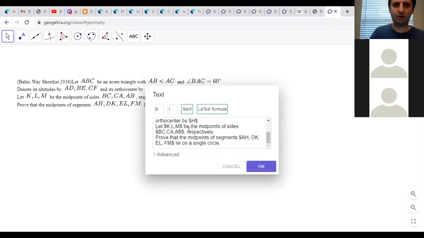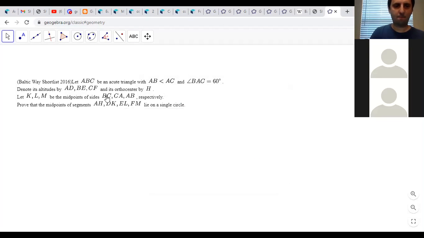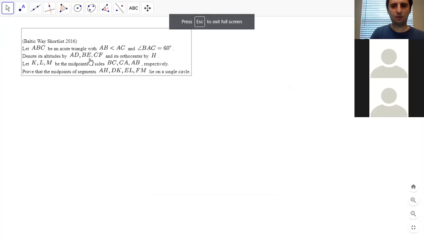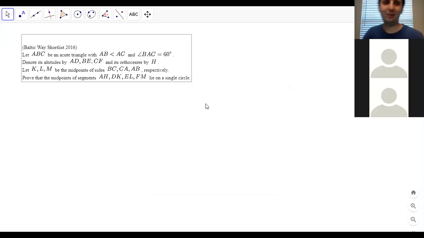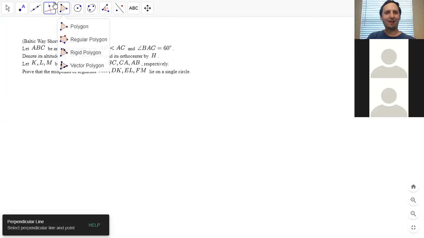So yeah, this is a 60-degree angle problem. It's usually an easy problem. Okay.